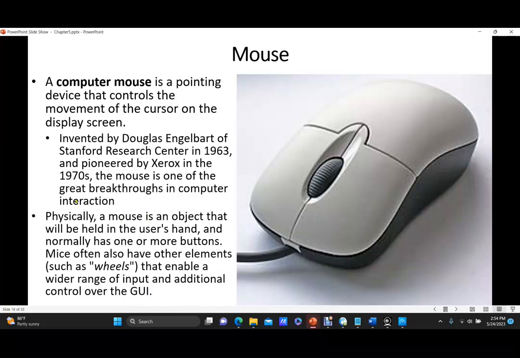Physically, it's an object that can be held in the user's hand. Normally, it'll have one or two buttons, often three buttons, a third button or a wheel that enables a wider range of input and additional control over a graphic user interface.